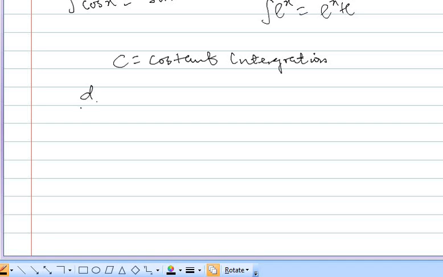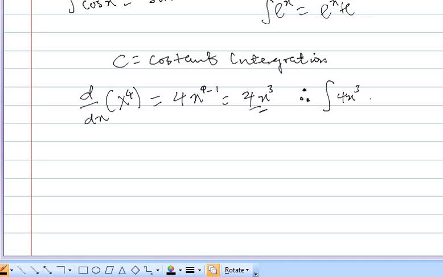If you have the derivative of x raised to the power of 4, we know the differential of this function is 4 times x raised to the power of 4 minus 1, which is 4x raised to the power of 3. And if we integrate 4x raised to the power of 3, it will give us x raised to the power of 4.